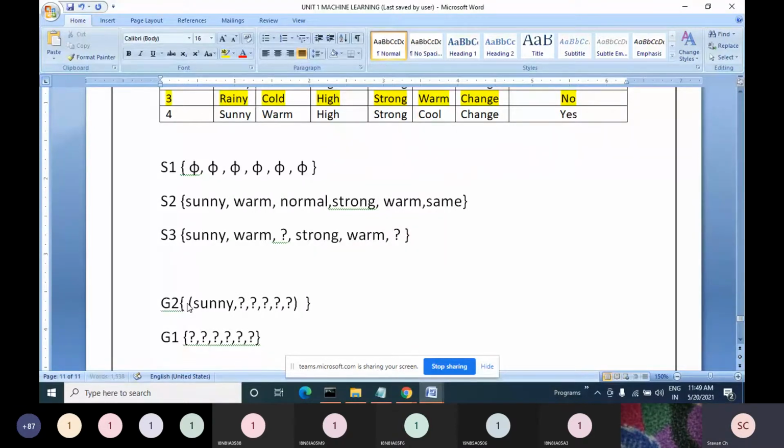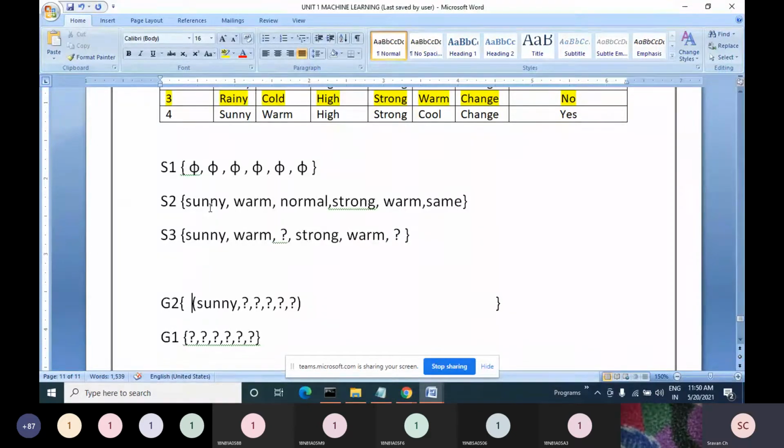So friends, please observe what I have done. I have compared the first parameter of my most specific hypothesis. Its value is sunny. I compared it with the first parameter value of my negative example. They were not matching.